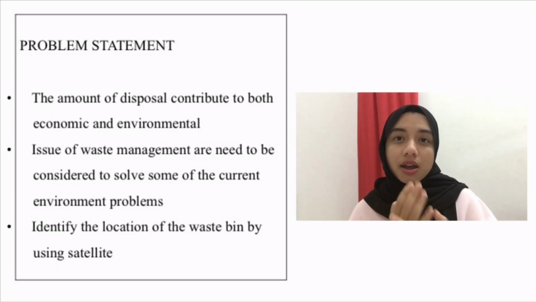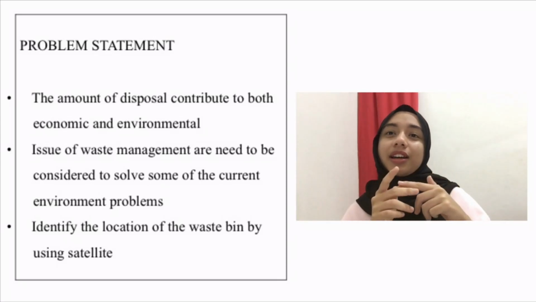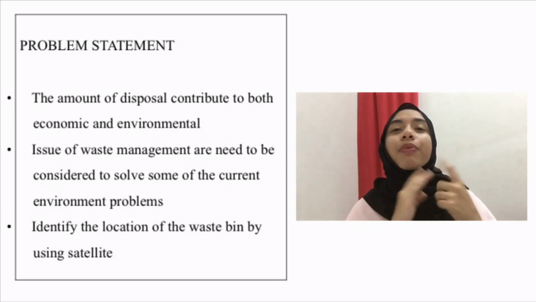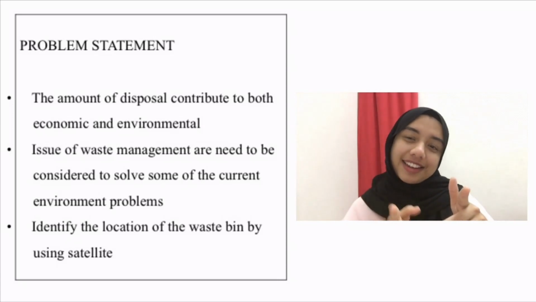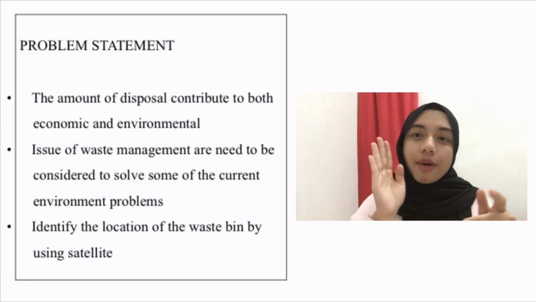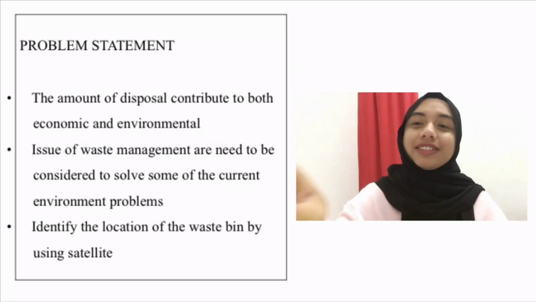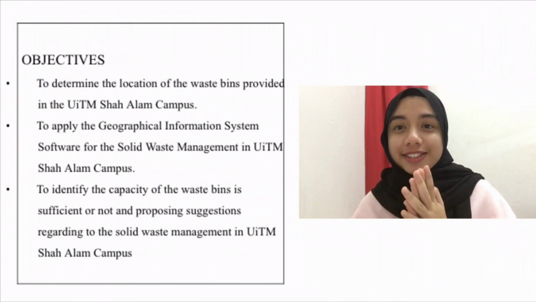The obtained data will be the indicator of whether the waste bin is sufficient or not, and we can provide suggestions and recommendations regarding the analysis of the study. So that's all for the problem statement. That's all we have, just three problem statements. So now let us proceed with the objectives of this study.